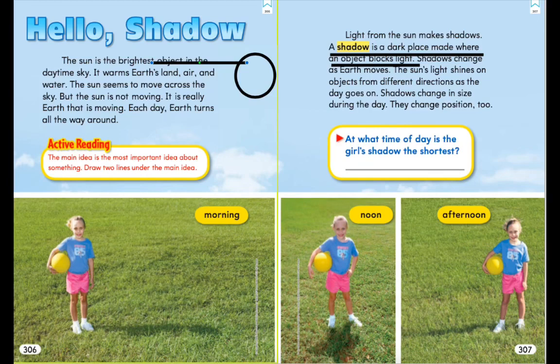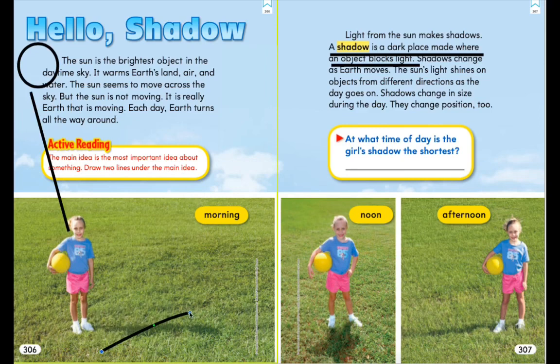The sun is towards the east, and when the sunlight comes to the girl, the shadow comes towards the west. So in the morning, the shadow is long and towards the west. West means the left hand side.